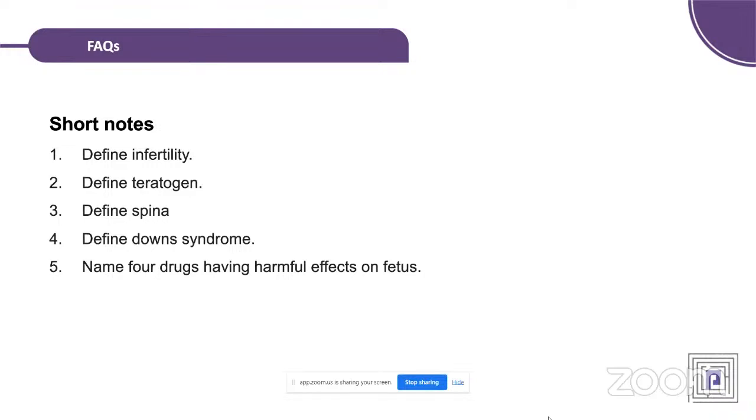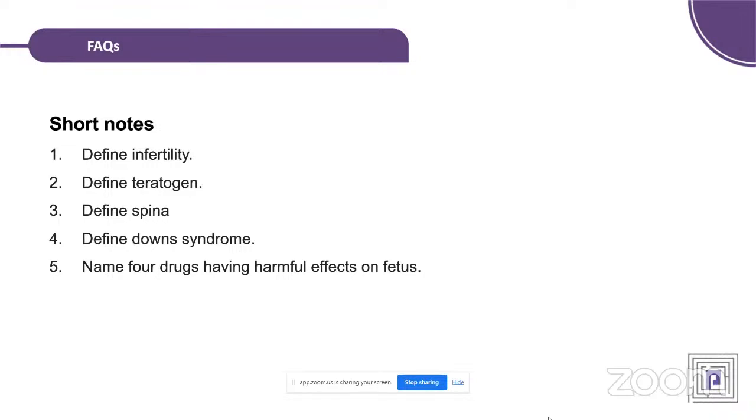Name four drugs which have harmful effects on the fetus. The first thing is alcohol. Alcohol should be avoided by alcoholic females during their pregnancy, because it can cause defects like microcephaly, a small head of the fetus, and heart defects in the fetus. And then valproate, a drug used for seizures, right?